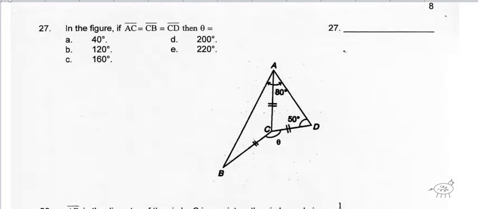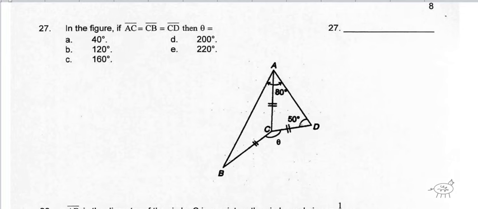All right, 27. In the figure, AC is equal to CB, so these are all equal. Then theta equals. Just got to work your way around here, math fans. First of all, that whole thing is 80 degrees, and that guy is 50.